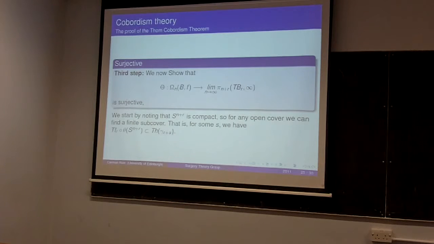Well, we start by noting that what we had before, our map is going from the N plus R dimensional sphere into the Thom space, and we note that, well, this sphere is compact, so for any open cover, we can find a finite subcover. So that means that the map acting on the sphere can be included in the Thom space of that universal bundle. But do note that what I'm writing here is an S.